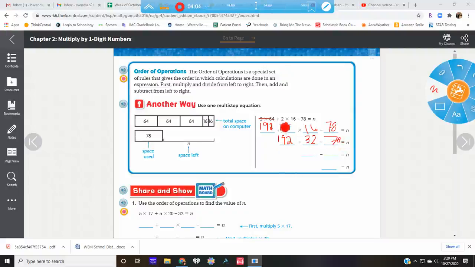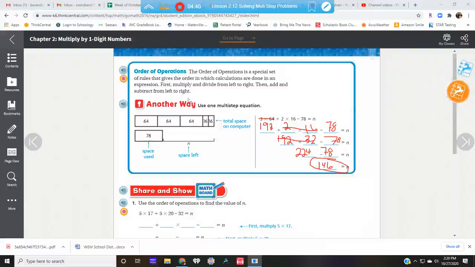Now we added this up and we got 224 minus 78. And we know that our answer was 146. So literally what we did here is we did this problem, then this problem right here, and we added these two together, so we get 224 minus 78, and our answer is 146.